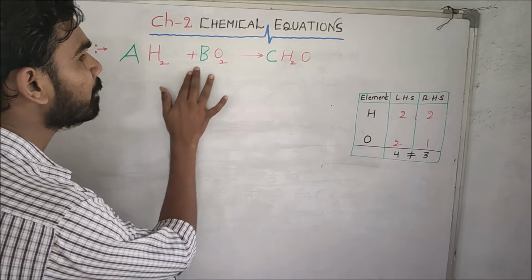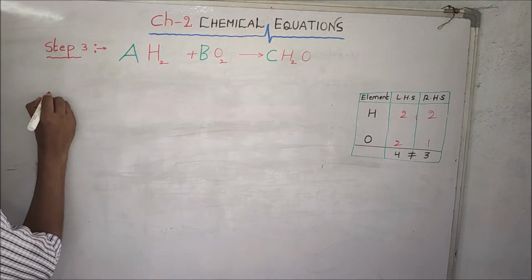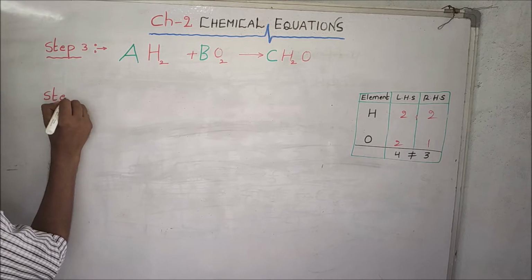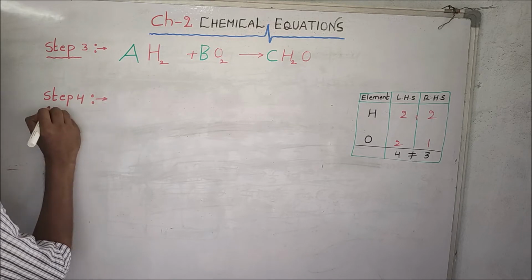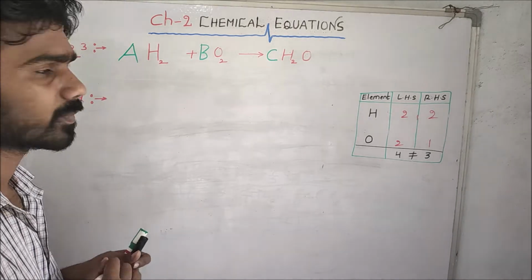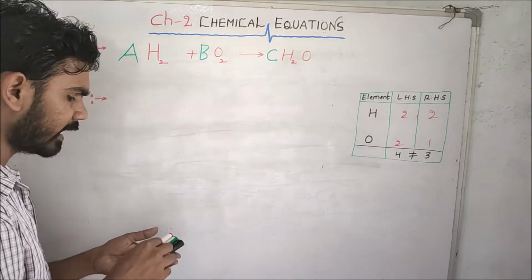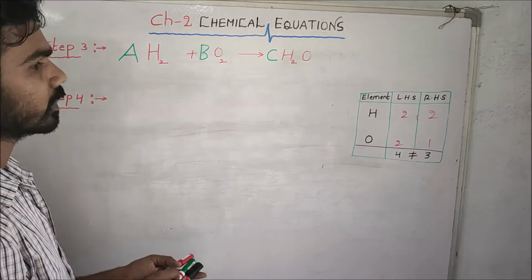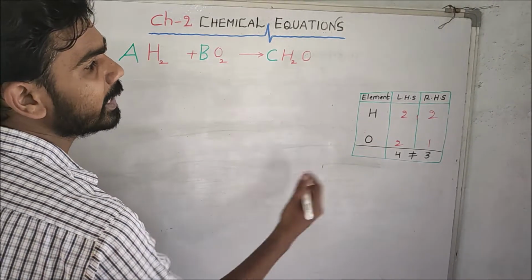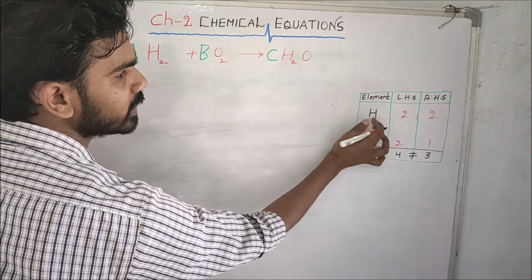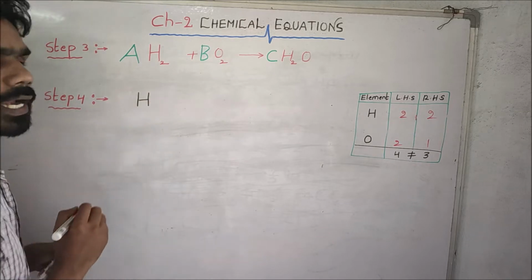After giving family names, now step 4. Follow the steps, very important. If you understand one problem, you can do the rest of the problems very easily. Now you see, to write step 4, just see the table which we have written in step 2. In step 2, see how many elements are there? Hydrogen, oxygen. Take first element from table, hydrogen.